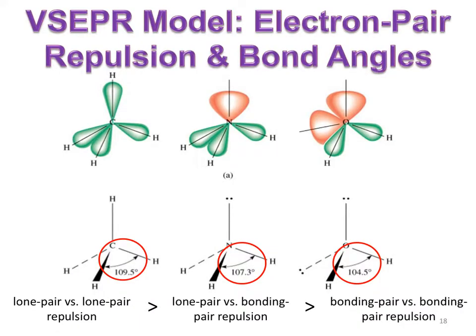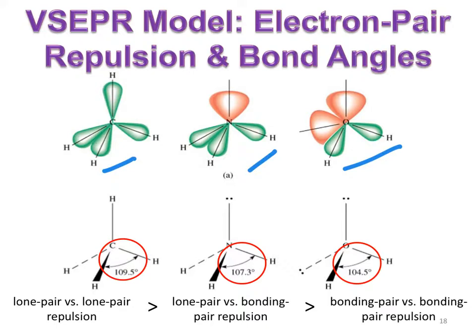As has been mentioned earlier, the lone pairs cause a steric hindrance that changes bond angles from what we would expect. Here we're showing 3 molecules that are all tetrahedral in their electronic geometry: methane, ammonia, and water.